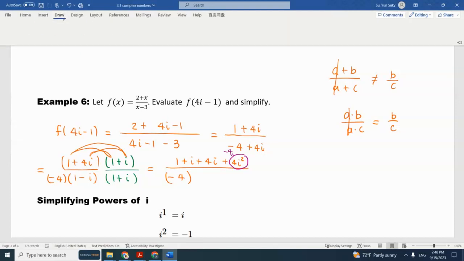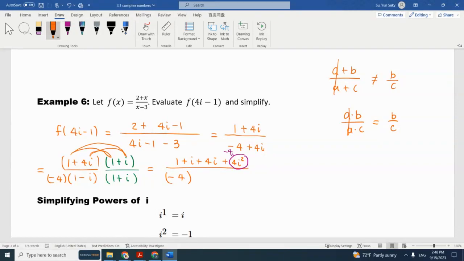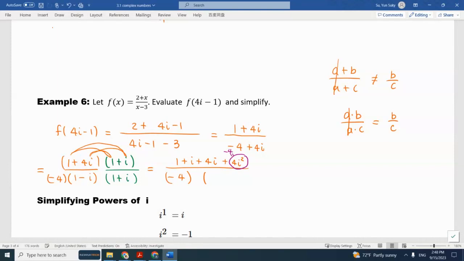Okay, next, denominator. What is 1 minus i times 1 plus i? It's 1 squared minus i squared. Are you all familiar with the formula? a plus b times a minus b is a squared minus b squared. So 1 squared minus i squared. What's i squared? Negative 1.